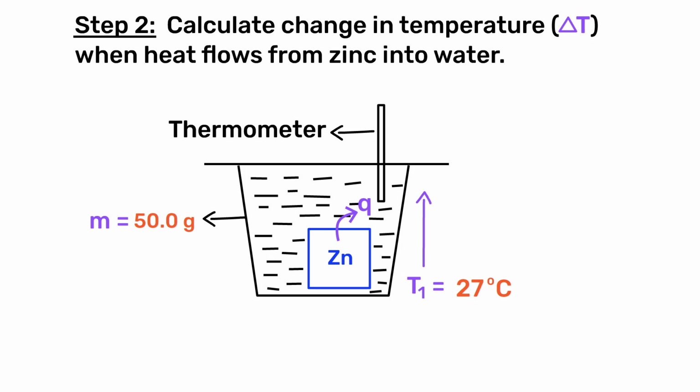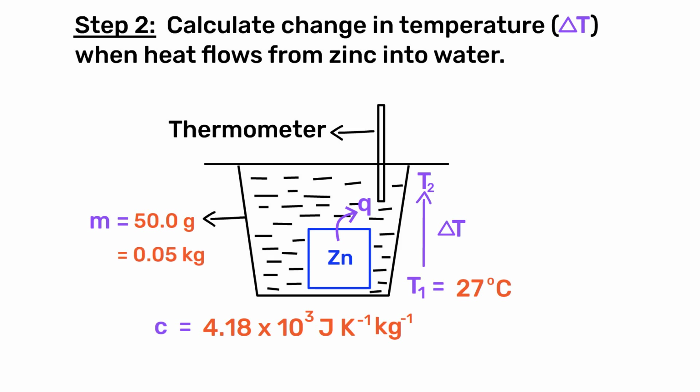And there would be a change in temperature as the heat flows into water, and we calculate delta T, and from that we calculate the final temperature T2. Specific heat of water has the units with kilograms, so it's important to convert the mass of water also into kilograms.